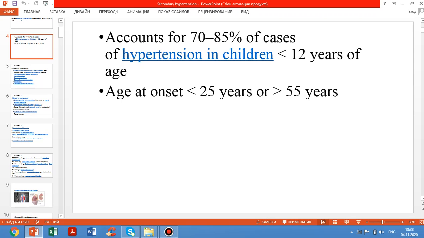It accounts for 70 to 85% of cases of hypertension in children less than 12 years of age. Age at onset less than 25 years or more than 55 years.